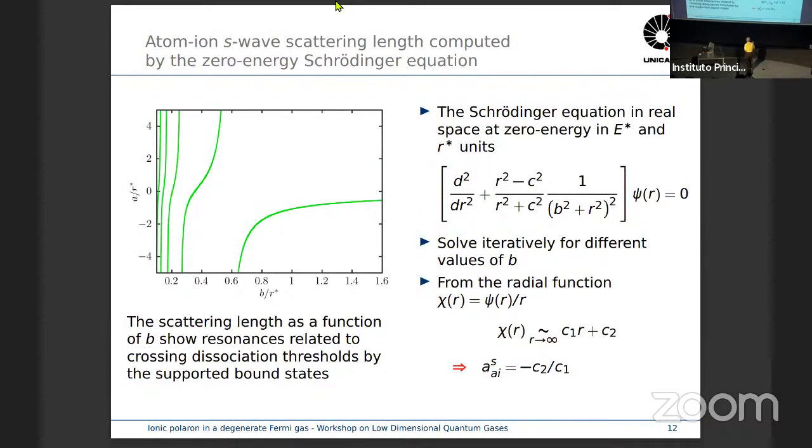This is the scattering length, and this is the value of B in these units. Just remember, as B gets smaller, the potential gets deeper. We have some resonances here. One for this point here, the second one here, and so on.